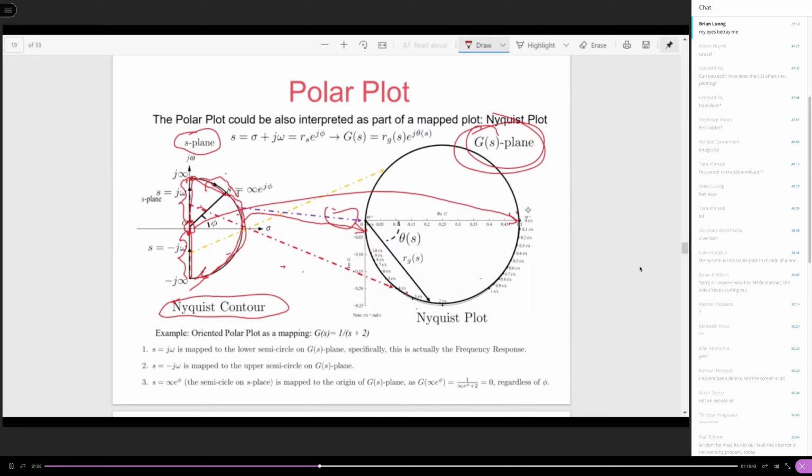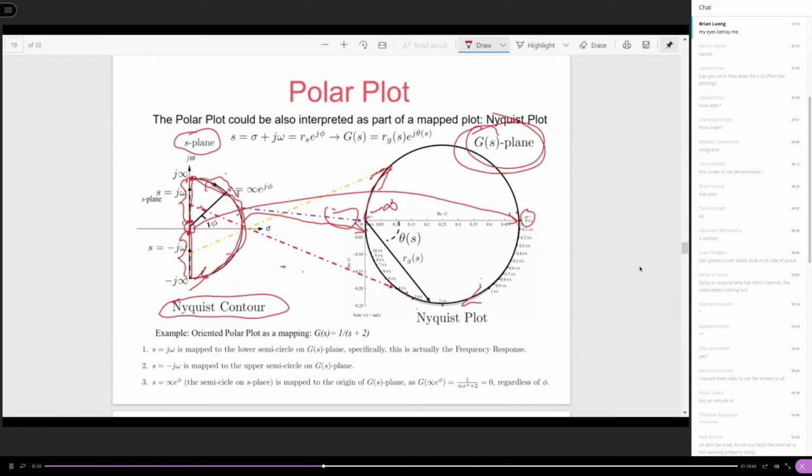We already know the omega from 0 to infinity goes in this direction. So apparently the whole plot goes from minus infinity this way, clockwise.